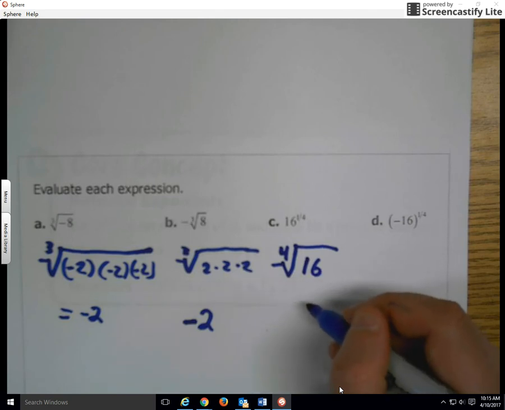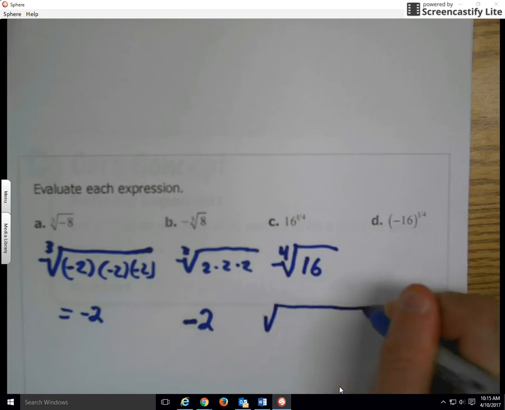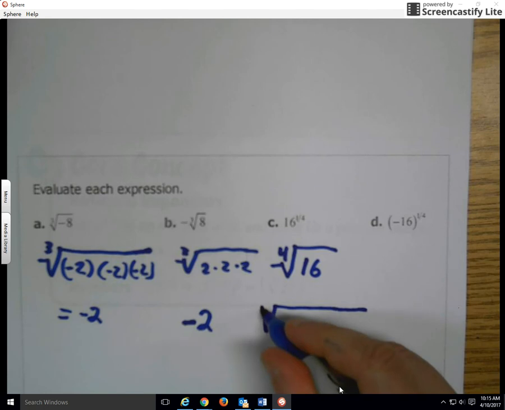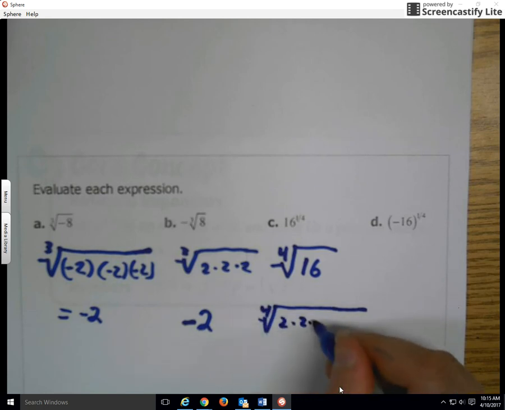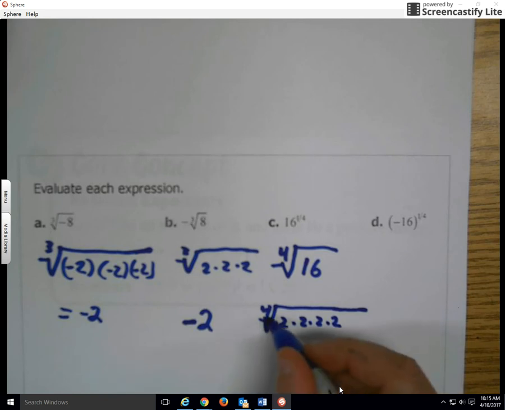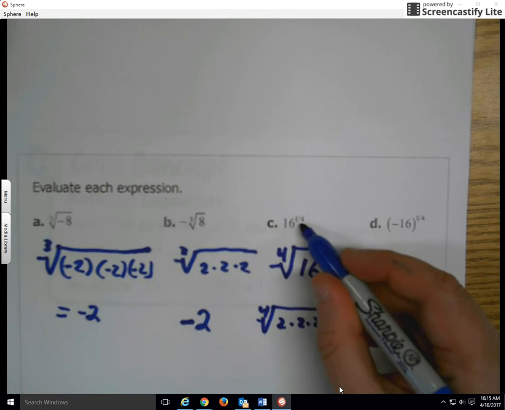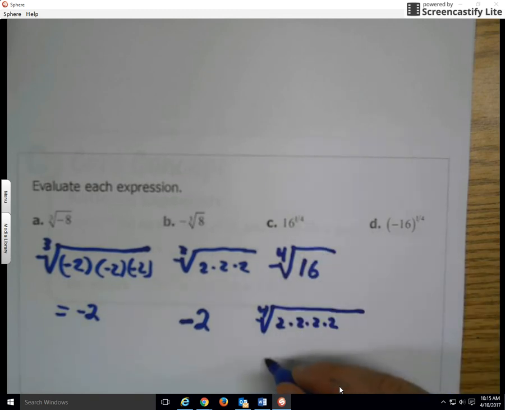So what times what times what times what is 16? Well, if we were to write its factors, it would just be 2 times 2 times 2 times 2. And so we're taking 1 out of the 4, which is what that says here, 1 out of the 4. So the answer would be 2.